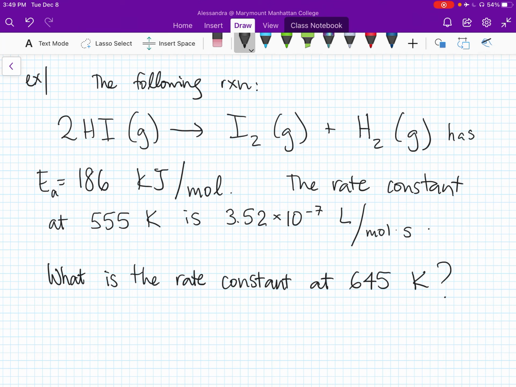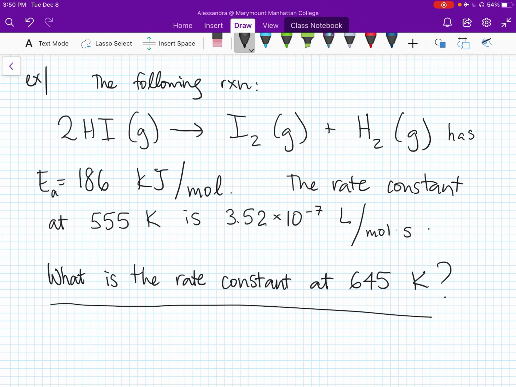So here we know the activation energy for this reaction. The rate constant at 555 Kelvin is 3.52 times 10 to the negative 7 liters per mole seconds. So using that information, can we calculate the rate constant at 645 Kelvin?